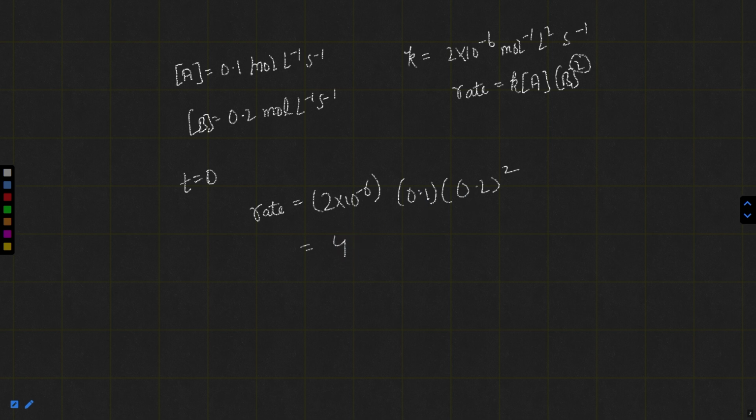Now the units will be gone. So this will be 10 to the power minus 2. If we just expand it first: 2 into 10 to the power minus 6, this is just 10 to the power minus 1, and this is 2 into 10 to the power minus 1. Now we can do it easily. So 2 to the 4, and 10 to the power minus 6, 10 to the power minus 1, 10 to the power minus 1. This will be minus 4.